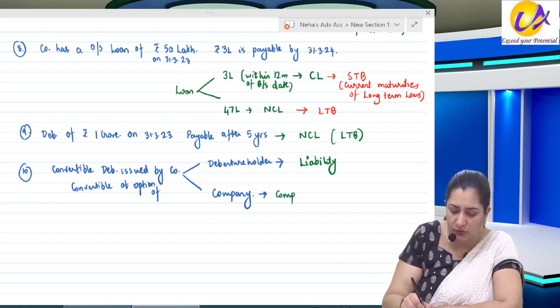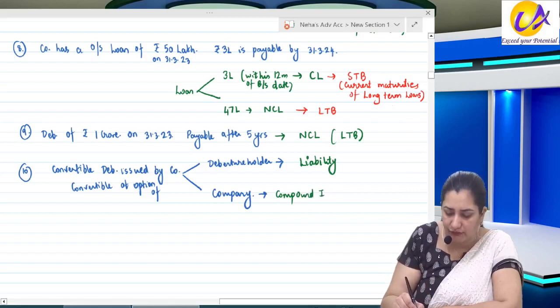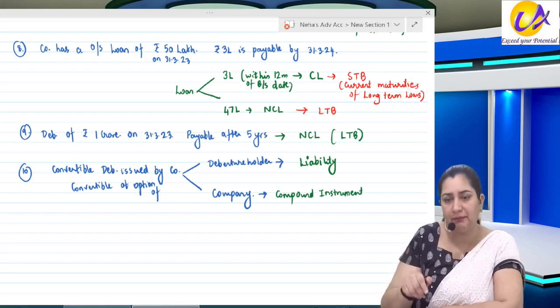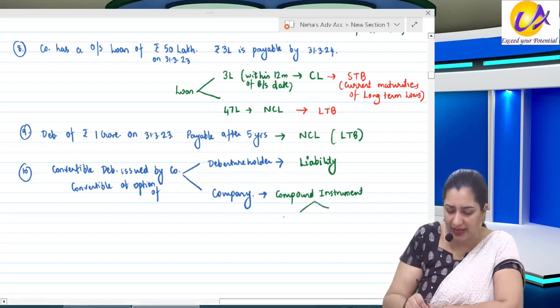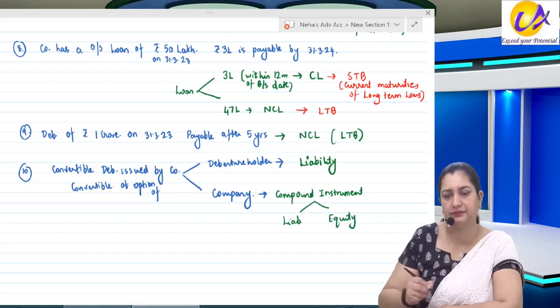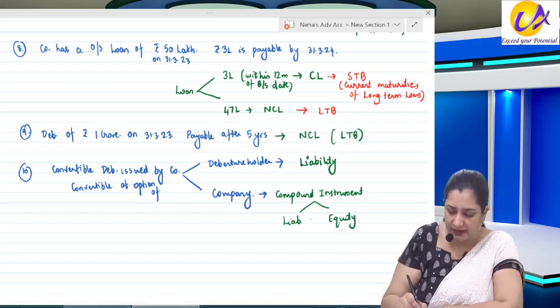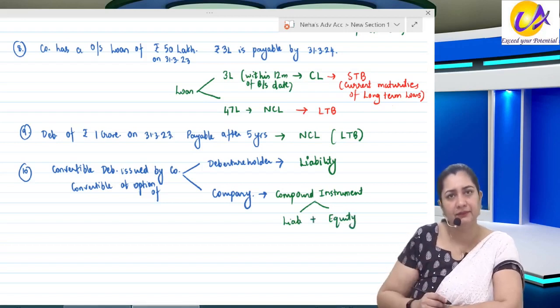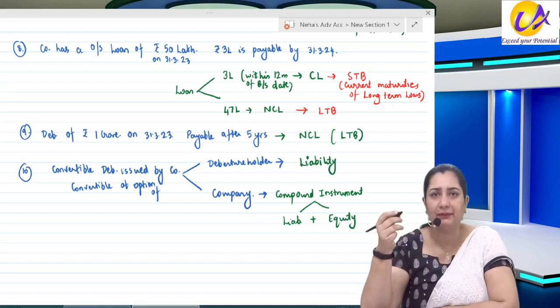Compound means a mix of something, two things mixed up. It consists of liability and equity. Both are there. Some portion of it is a liability. So what is the liability? What if I pay in cash? What will be the amount payable?